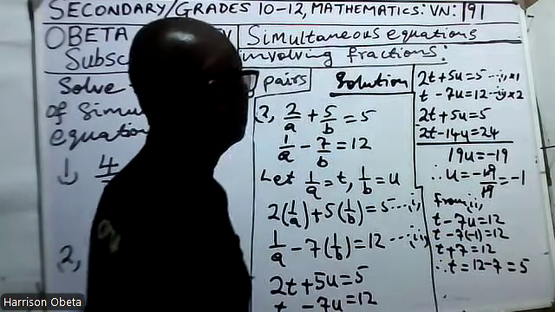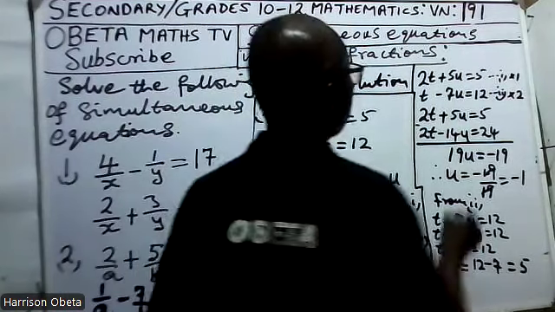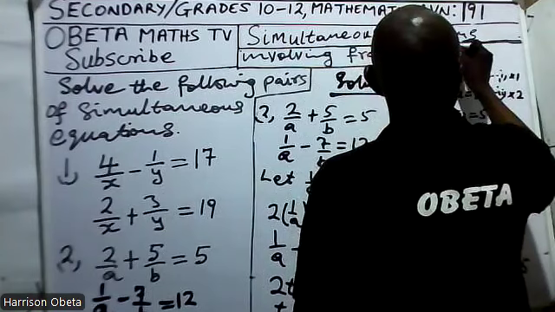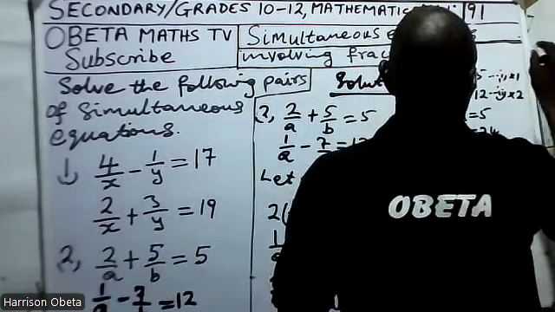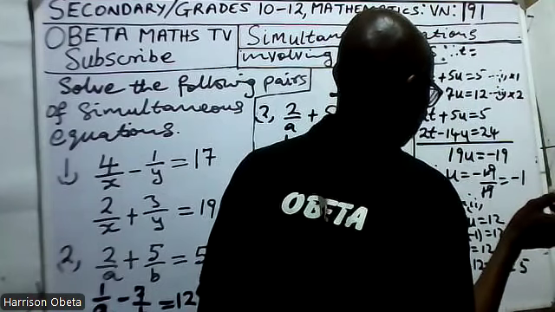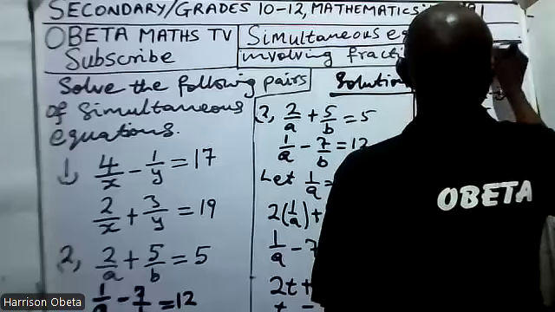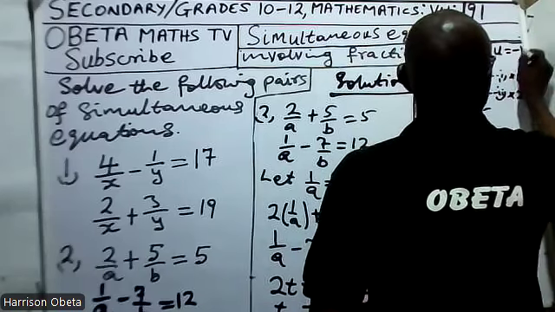Rather, we are looking for values of A and B. So from there, we now have, therefore, our t is 5, u is equal to -1.